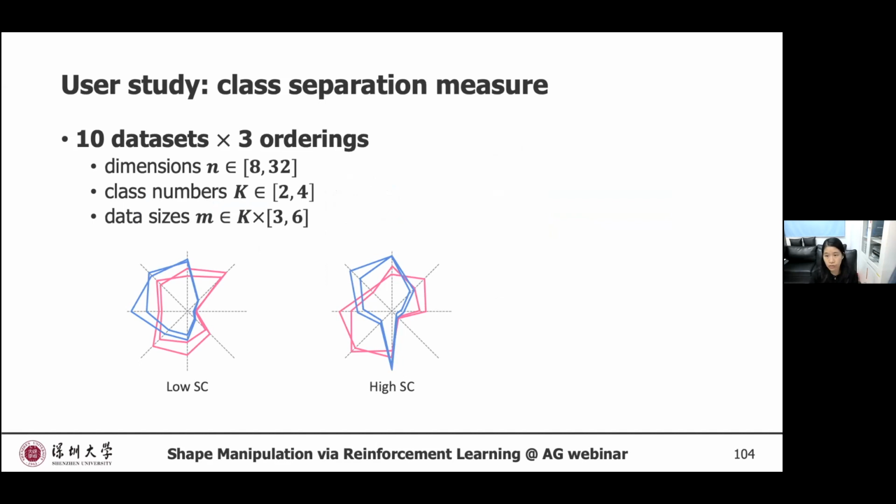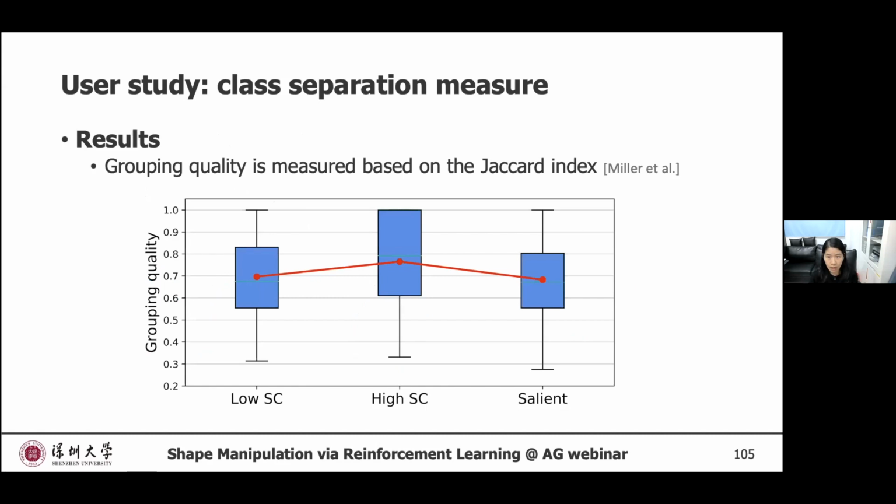SC here is short for silhouette coefficient. And in addition, we add one more ordering following another strategy to present salient shapes with spikes for comparison. And here is the result from 20 users for those three orderings.